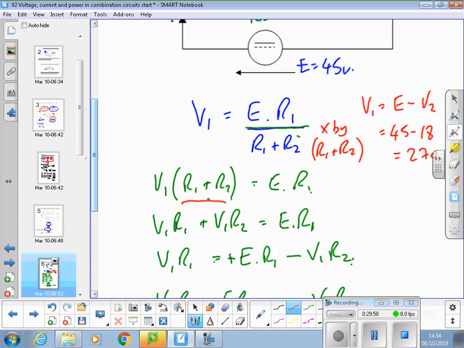Multiply out the brackets, so V1 times R1, V1 times R2, equal to ER1.